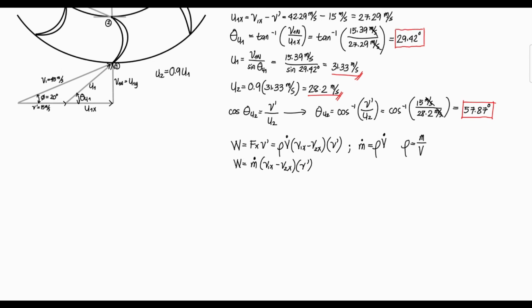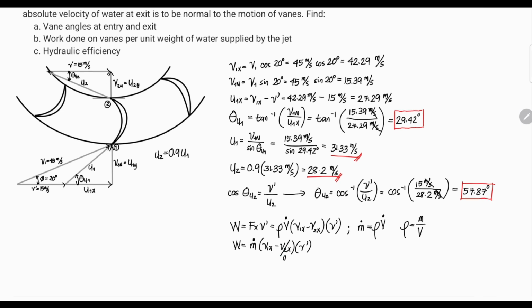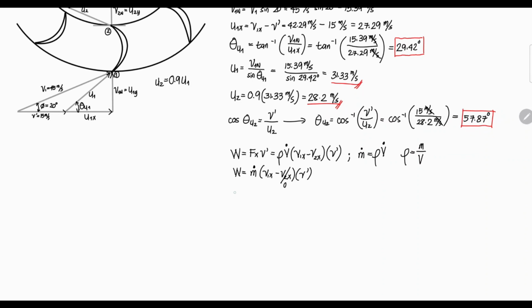But since in our illustration we have no value for V2x, we only have V prime, the relative velocity at point 2, and V2n, our V2x actually is 0. So to solve for our work, that is now equal to mass flow rate times V1x times our V prime.